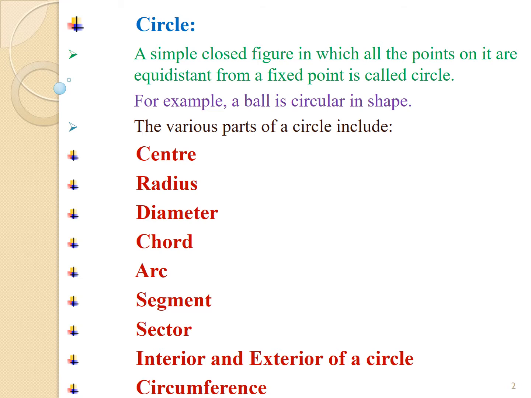The various parts of a circle include center, radius, diameter, chord, arc, segment, sector, interior and exterior of a circle, and circumference.